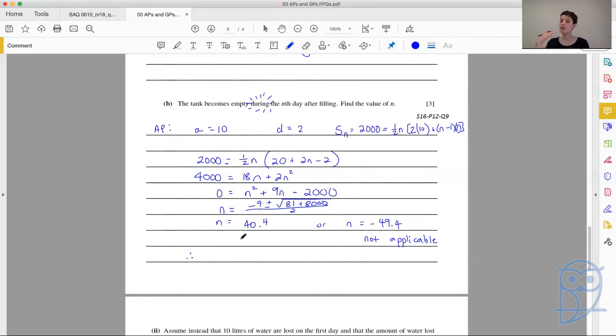By the end of the 41st, we will be there. So during the nth day, n is 41. It is during that 41st day that the tank will become empty. So therefore, n equals 41. It is the 41st day after filling on which the tank will become empty.